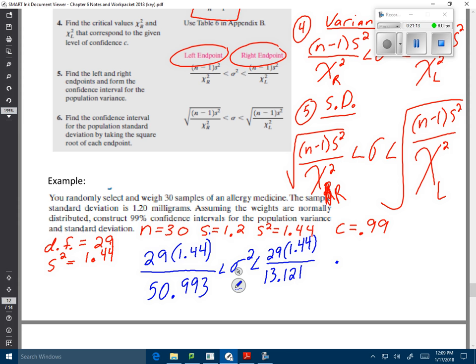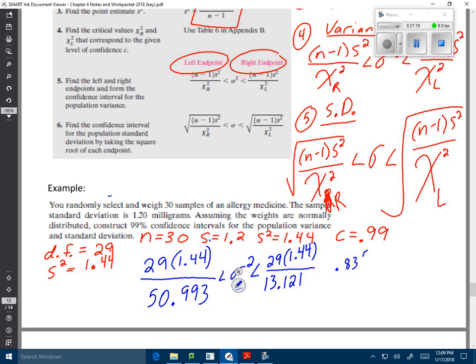And for the variance, the right endpoint, you take 29 times 1.44, divide by 13 point. I'm sorry, and this one is, it's not .835.